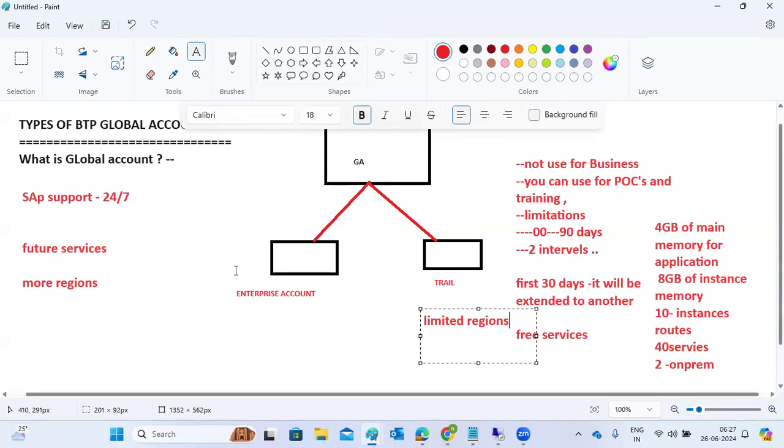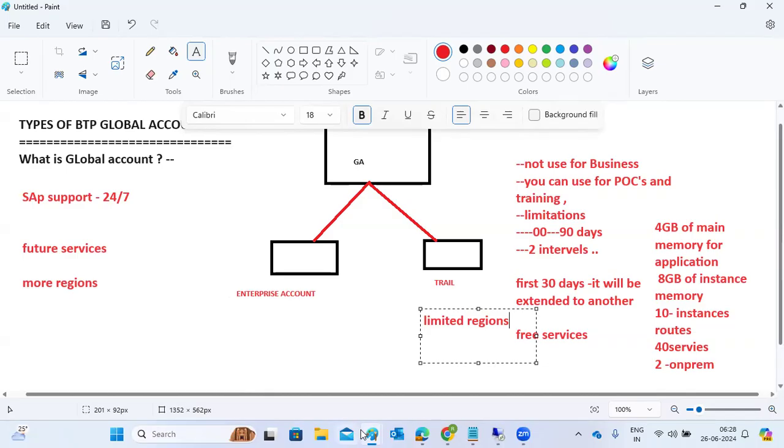Because here you get free services and also paid chargeable services, and you get support from SAP in case of any issues. It is also available on more regions. You have a lot of benefits using the enterprise account. There is no deletion and no inactivity, because it is an enterprise account.